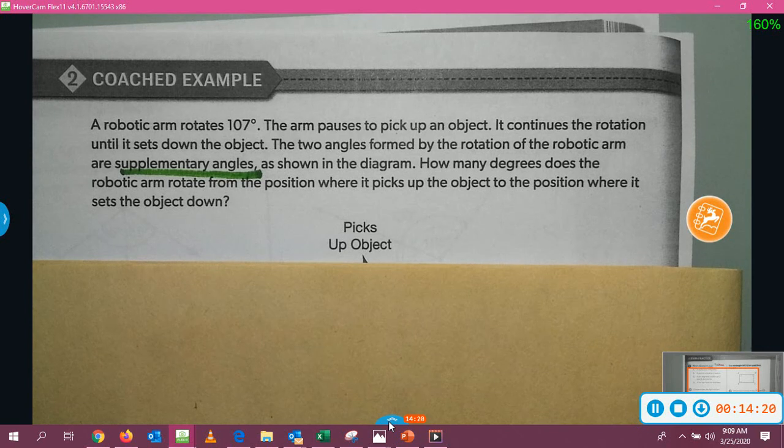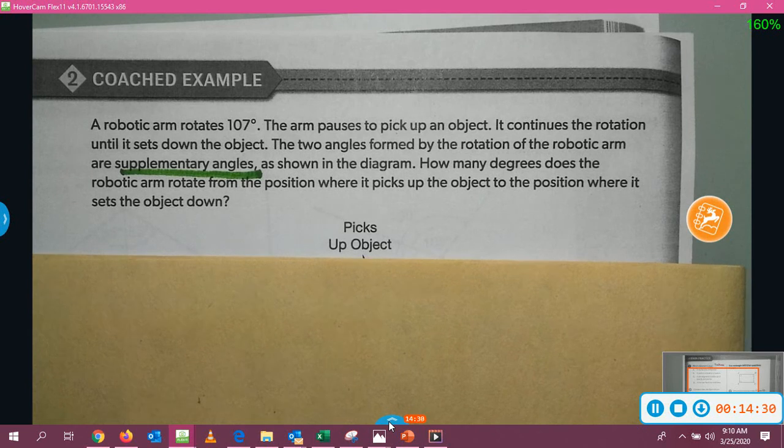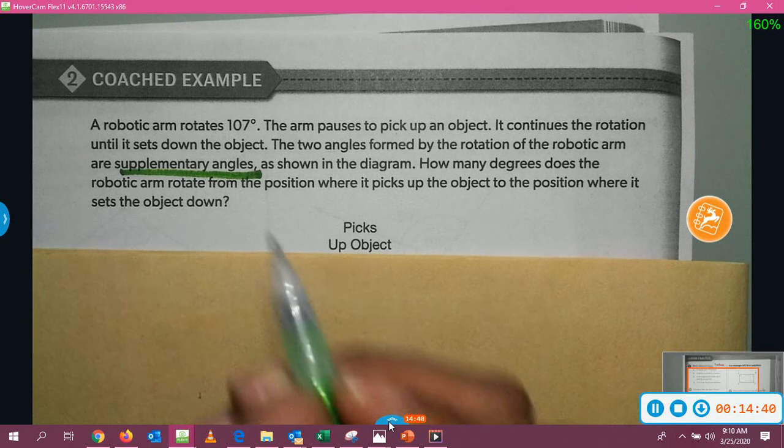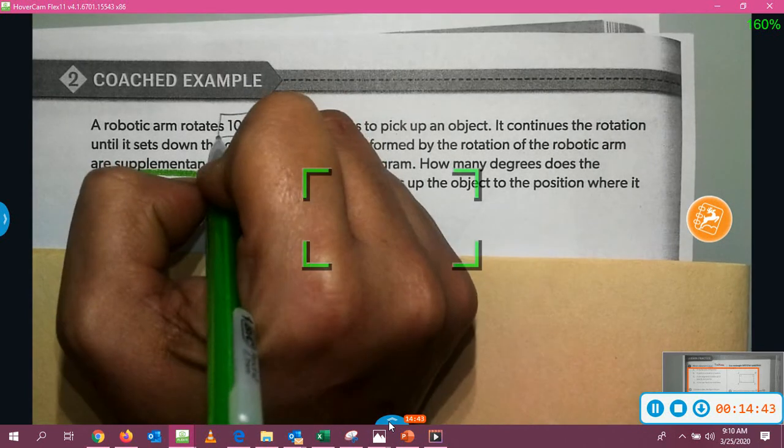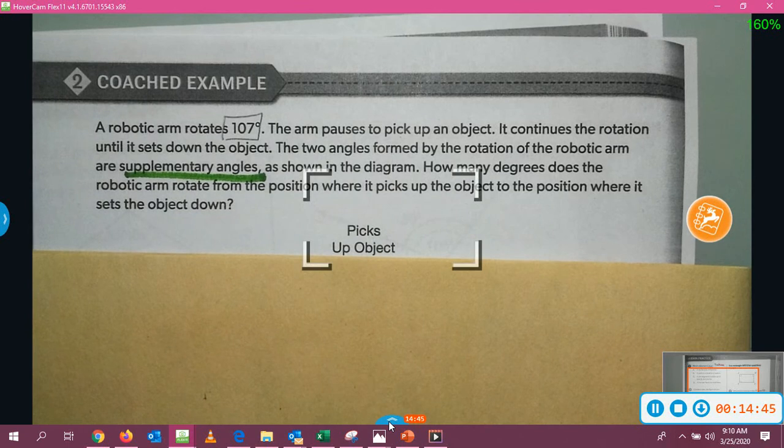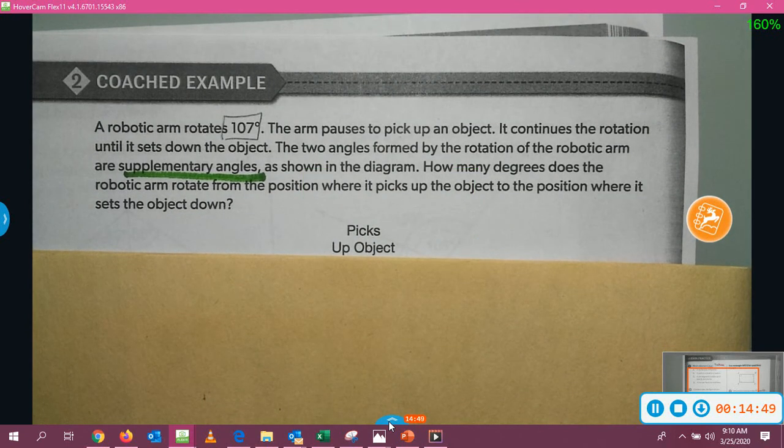Okay, my brain moves a little bit faster than my mouth. Alright, so let's reread it again. A robotic arm rotates 107 degrees. This time we're going to highlight or identify our important words. So it rotates 107 degrees. The arm pauses to pick up an object. It continues the rotation until it sets down the object.